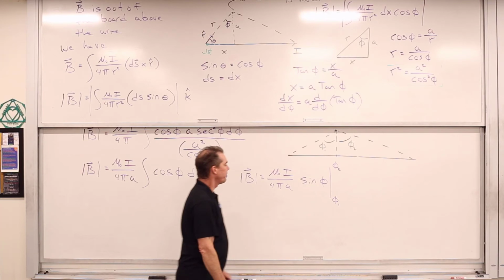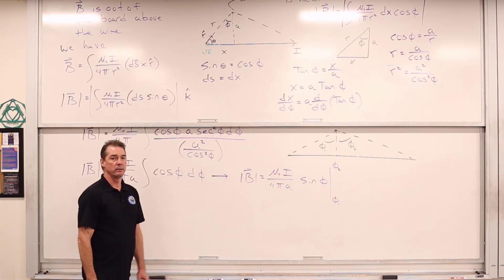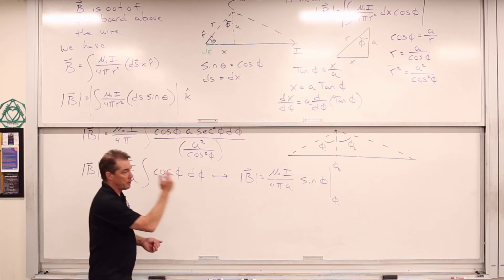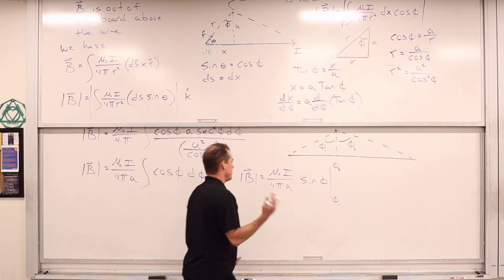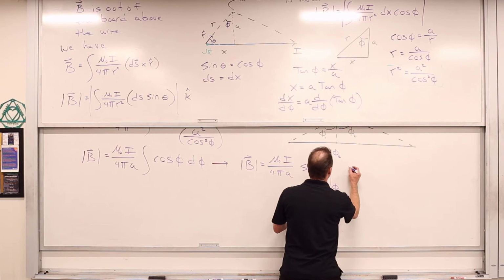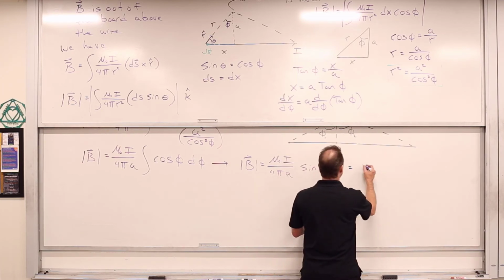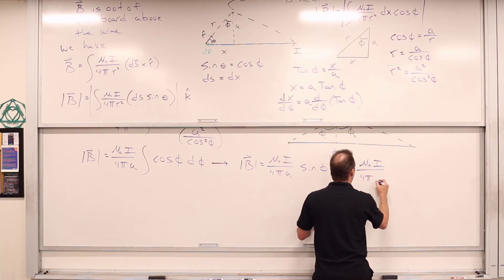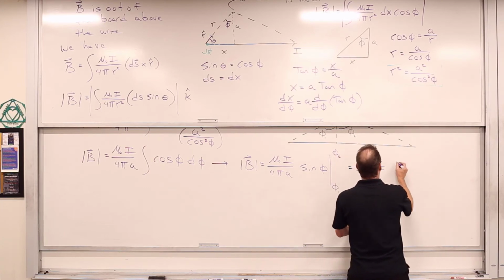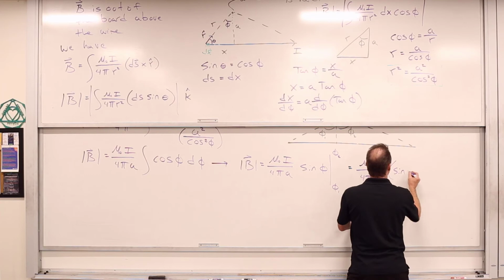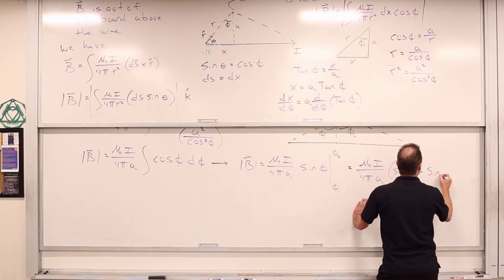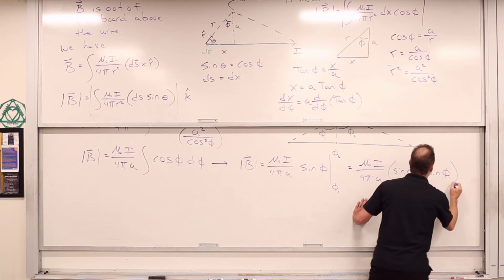We just get the sine of phi 2 minus the sine of phi 1, which means that one of them has to be called negative. Sweeping one way and sweeping the other gives a negative sign overall. And what's typically written here then is mu 0 I over 4 pi times a, multiplied by the sine of phi 2 minus the sine of phi 1.